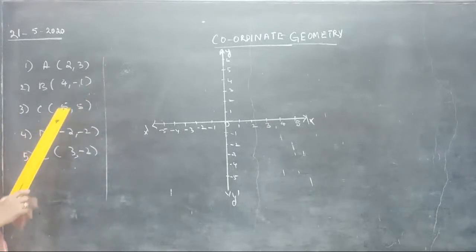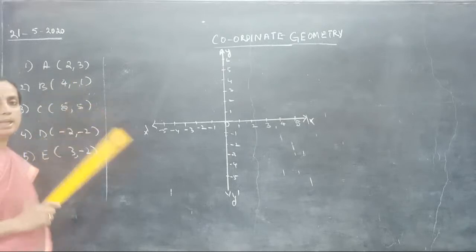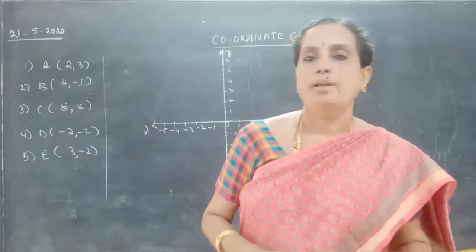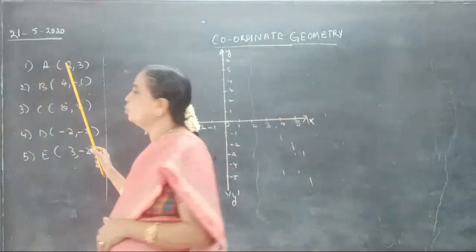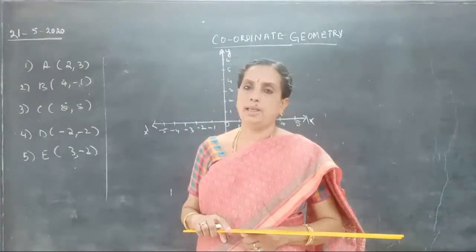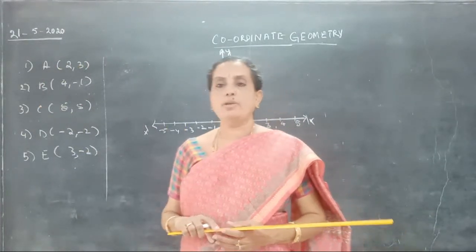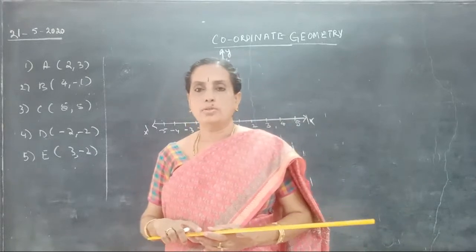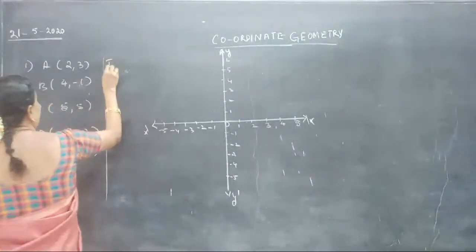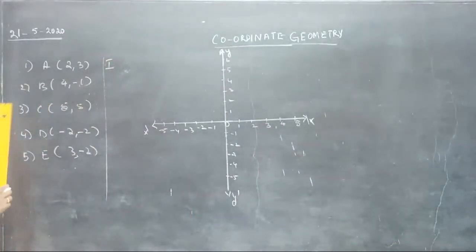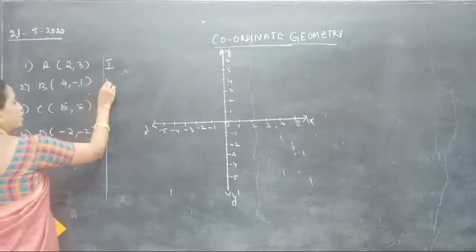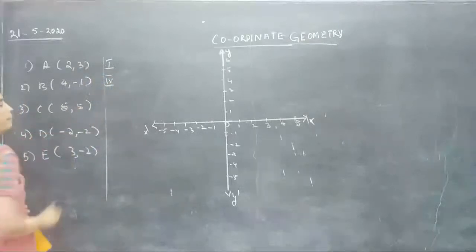Now by seeing the points with their signs, we can easily guess to which quadrant it lies. The first point A (2, 3) consists of both positive, plus plus: x coordinate plus, y coordinate also plus, so we can easily guess that it lies in the first quadrant. Coming to the second one, it is plus minus, so it lies in the fourth quadrant.